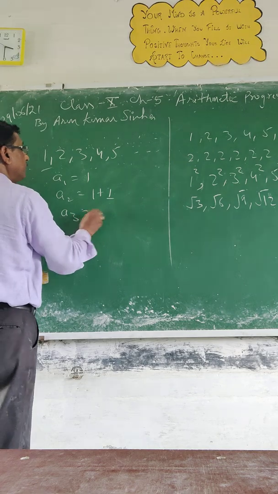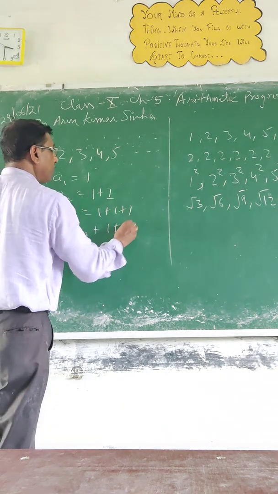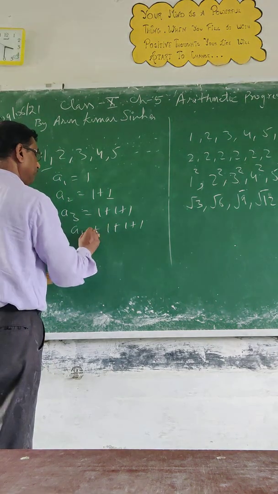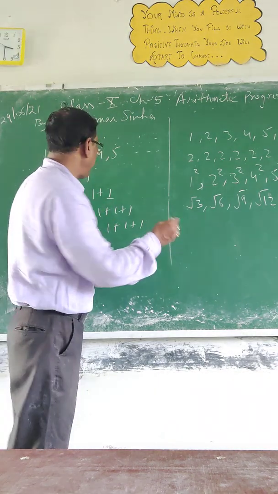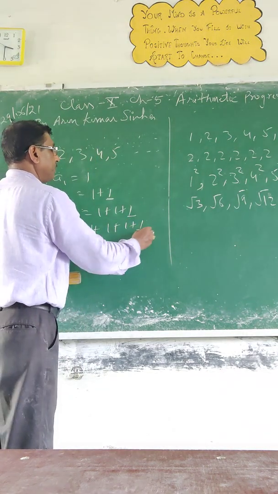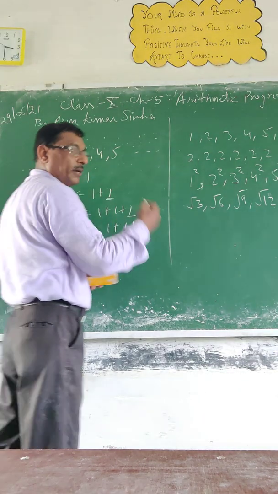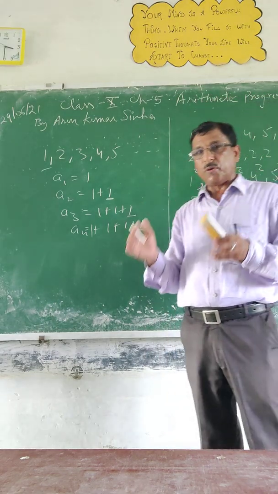Then A3 is 1 plus 1 plus 1, and A4 is 1 plus 1 plus 1 plus 1. So you can see, children, that in this way you have added 1 in every step to the previous step. There is a regular pattern, so it is forming an AP.